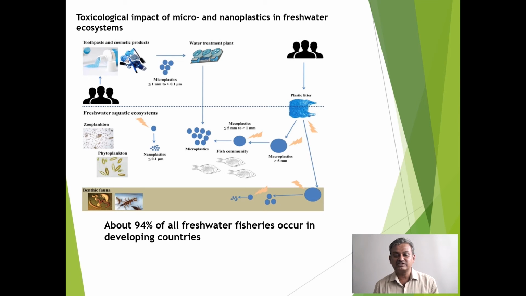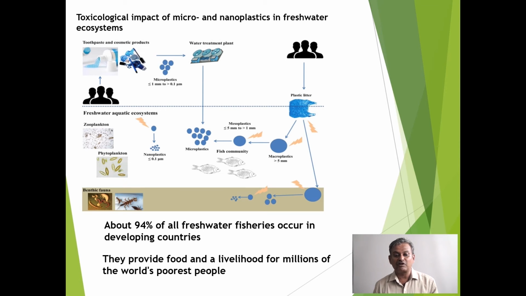About 94% of all freshwater fishes occur in developing countries, providing food and livelihood for millions of the world's poorest people and contributing to the overall economy and well-being by means of exploration, tourism and recreation.